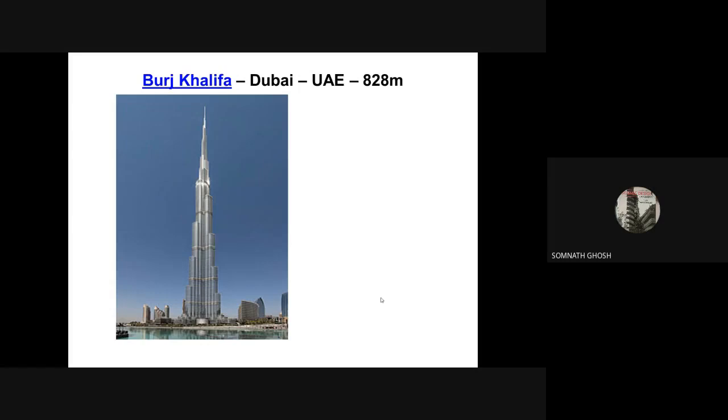Now, this particular tower, when they designed it, just look at the photograph, every block of the tower they have not taken to the top. It is not a uniform tower.